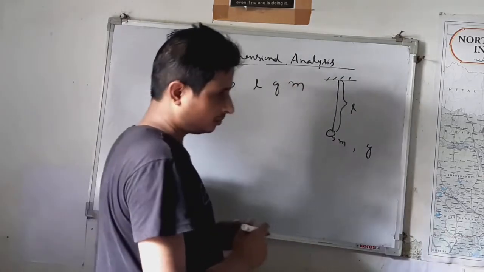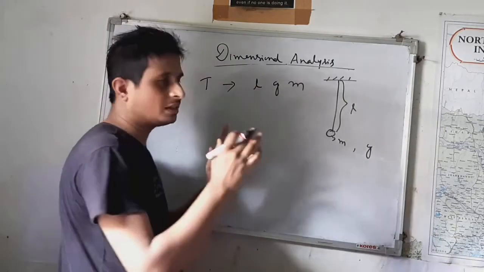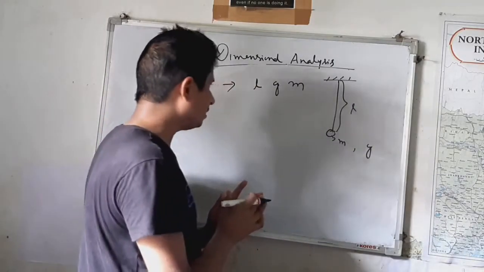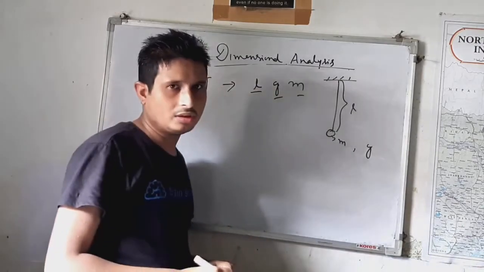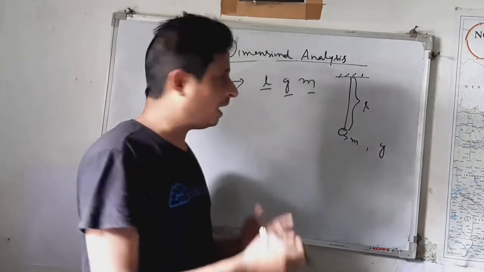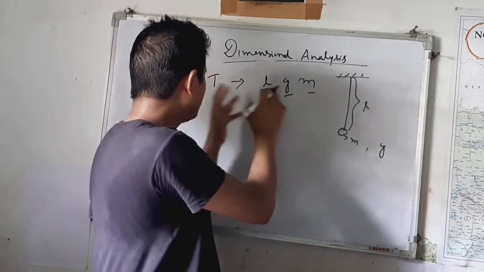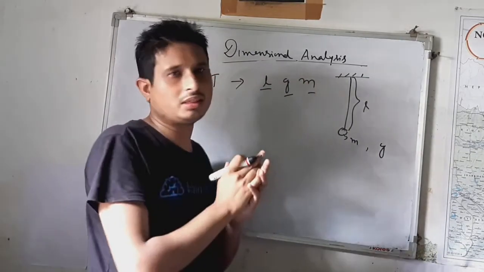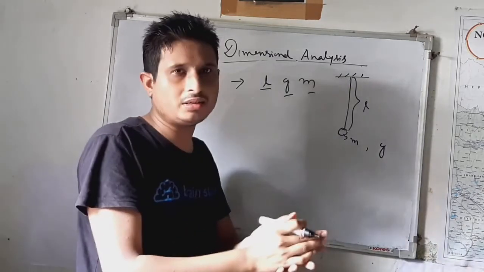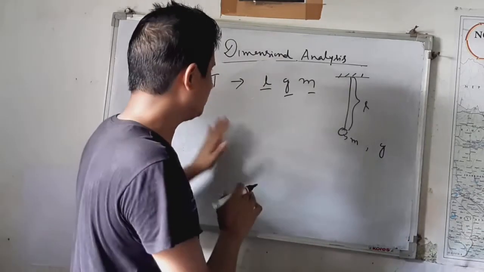So we have assumed that the time period of the pendulum depends on these three parameters. Let's see how we can calculate the time period expression in terms of L, g and m, that is length, acceleration due to gravity and mass, with the help of dimensional analysis.